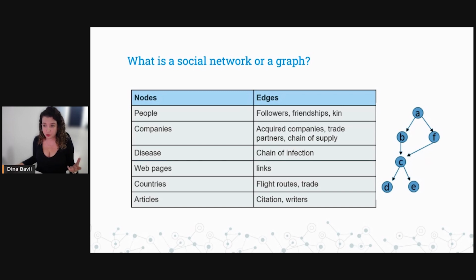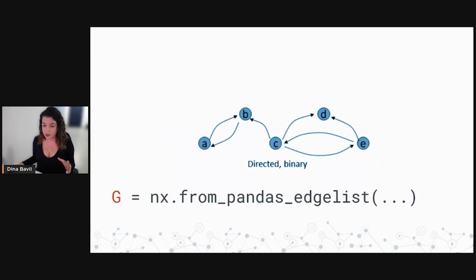And a social network can be either directed or undirected. So this is a directed graph of a social network that doesn't weigh. I mean, each one of the arcs between two nodes doesn't weigh. They are the same. A follows B, B follows A, C follows B, and so on.